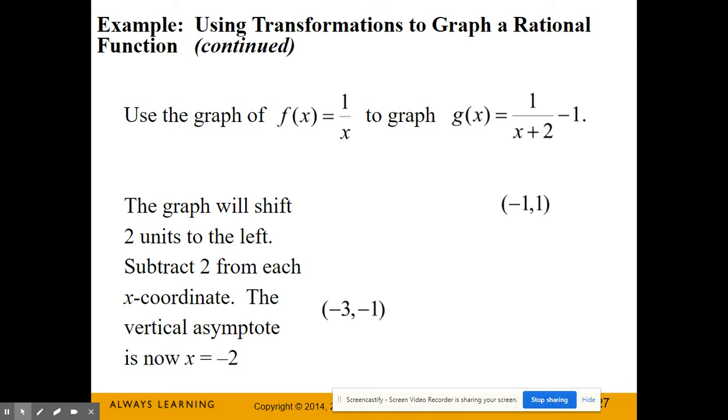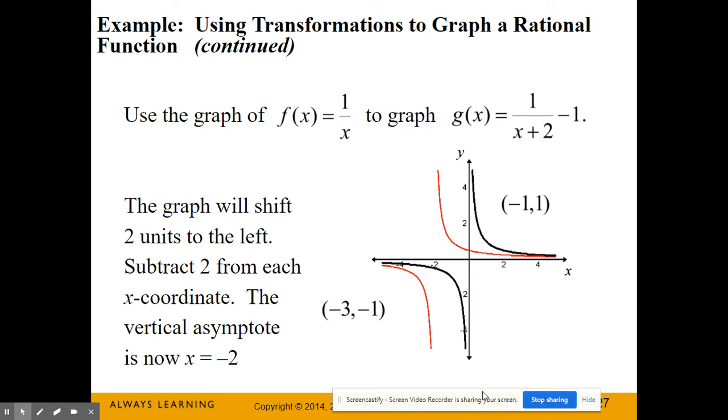All right, so at this point, if we identify what is happening in the function, the plus 2 is inside the fraction, right? So that's going to move the function 2 to the left. So then the vertical asymptote is now at x equals negative 2 instead of x equals 0.